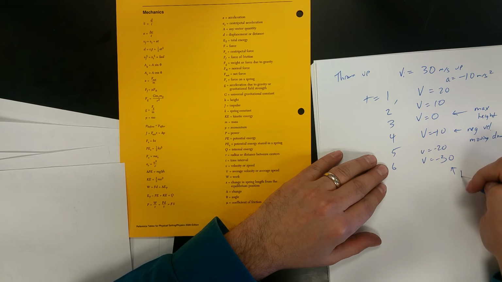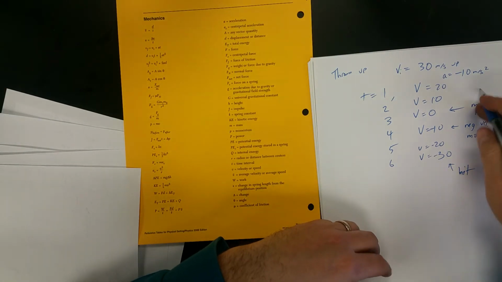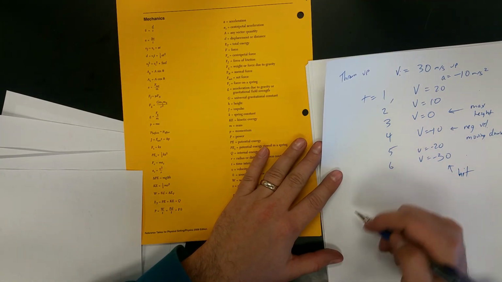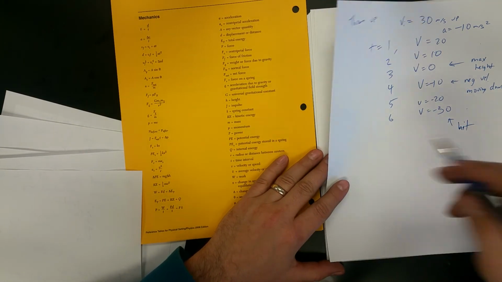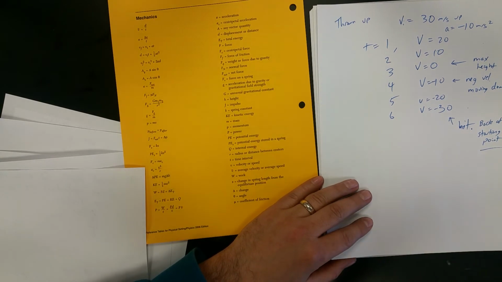And this is where you're going to hit if you're throwing it to the same elevation. When your initial velocity equals your final velocity in magnitude, that is the point at which you come back to where you started. There we go. You're back to your starting point.